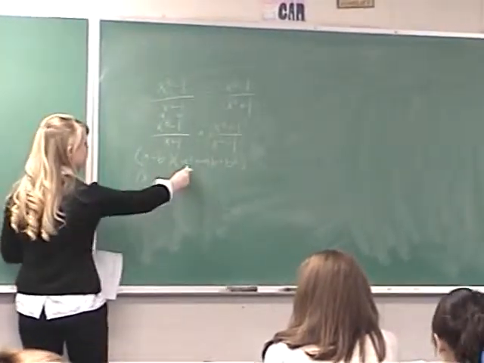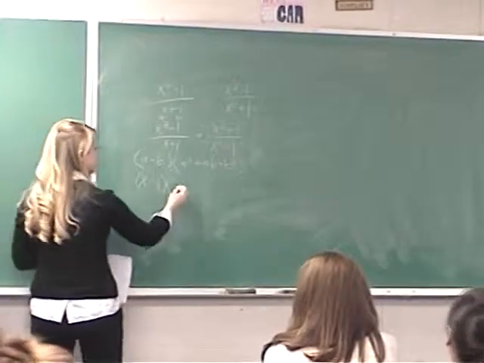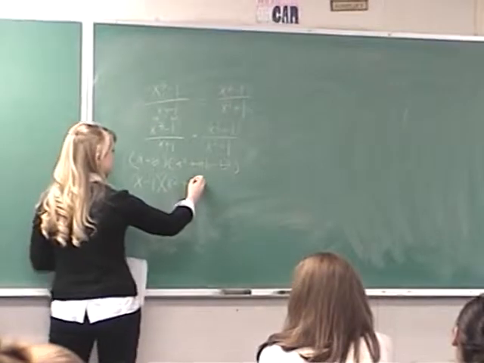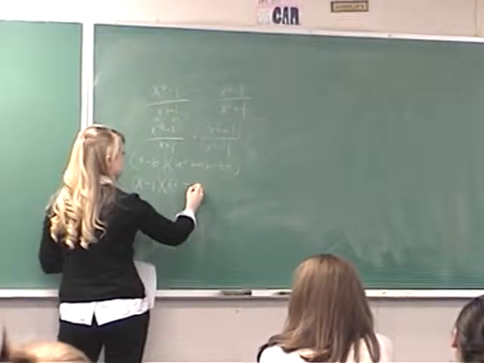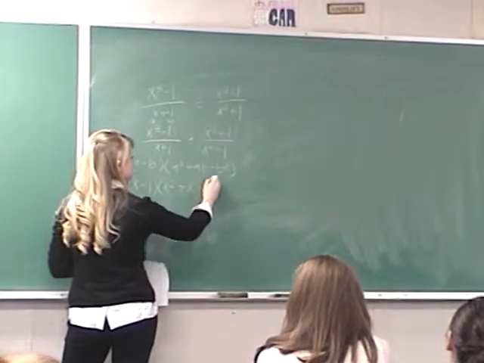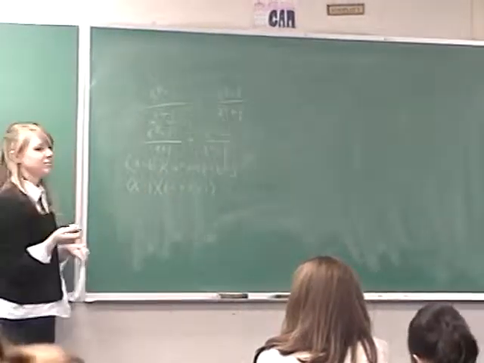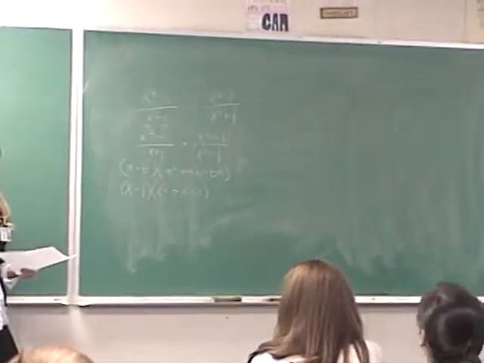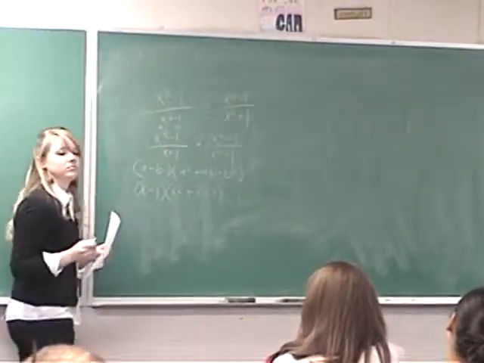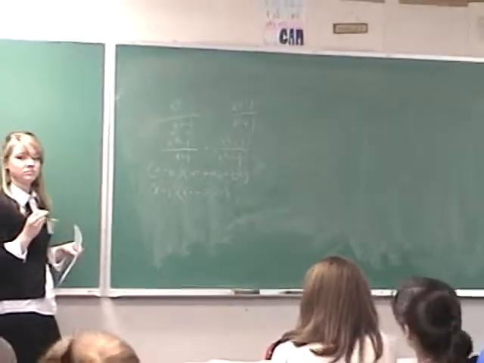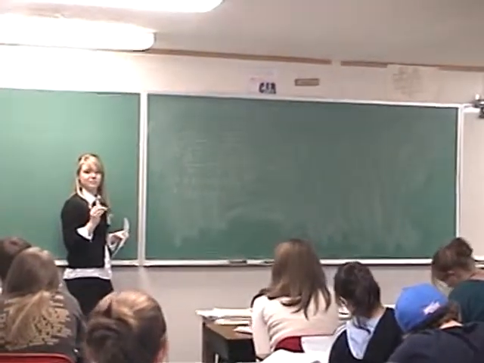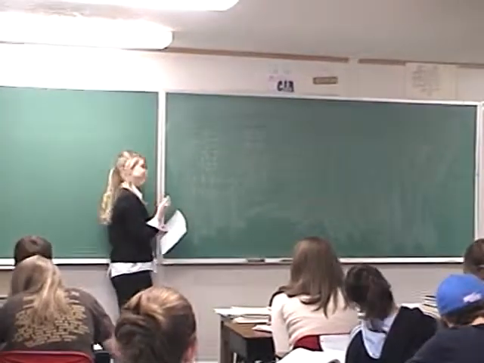So we come over here and we'll have A squared plus AB, and then B squared. And if that had been, say, an 8, we would have taken the cube of it. So these would have all ended up being 2. Do you see that? Any questions on that one? Okay.